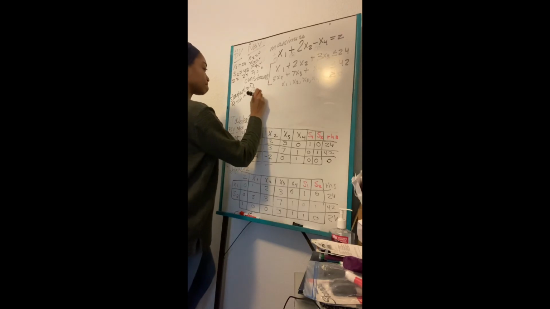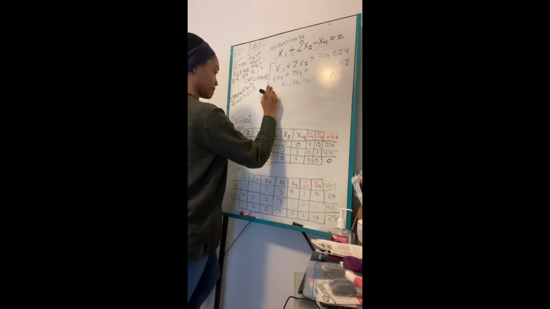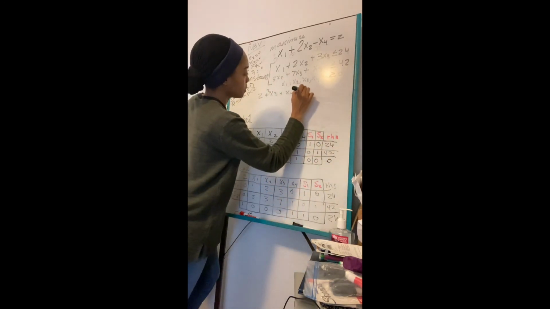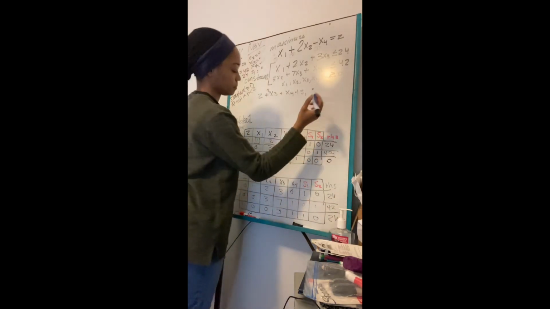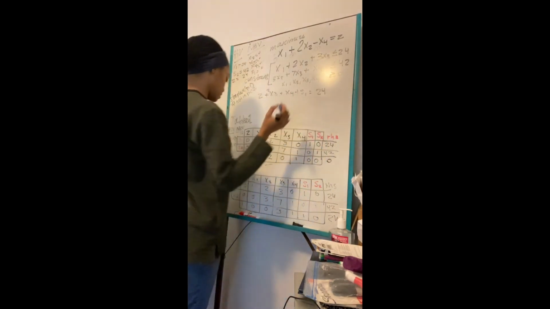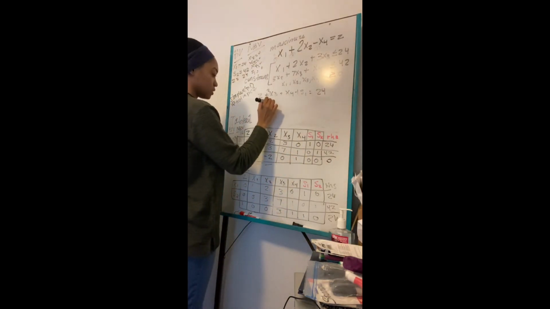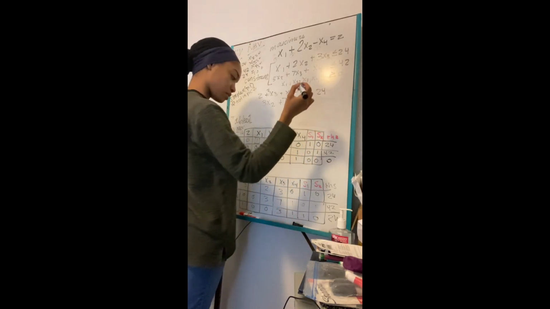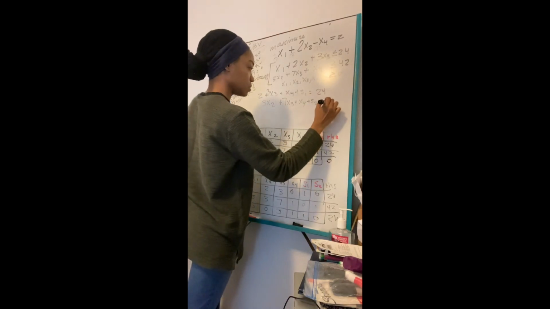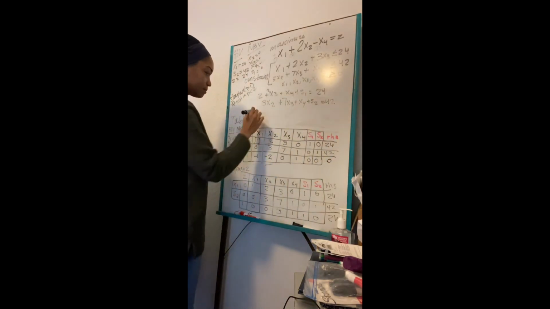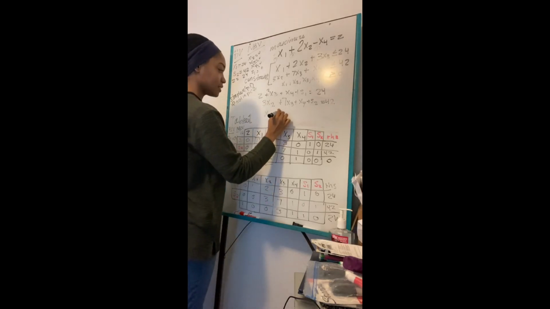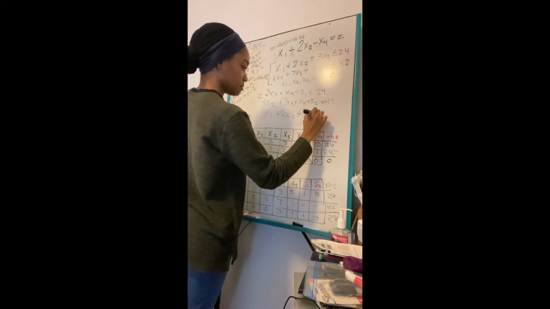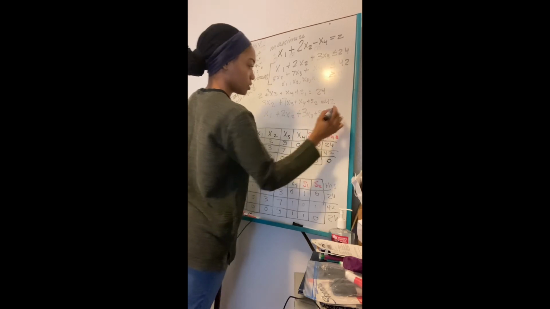This equation, 3x3 plus x4 plus s1 is equal to 24, and then you have 3x2 plus 7x3 plus x4 plus s2 is equal to 42, and then x1 plus 2x2 plus 3x3 plus s1 is equal to 24.